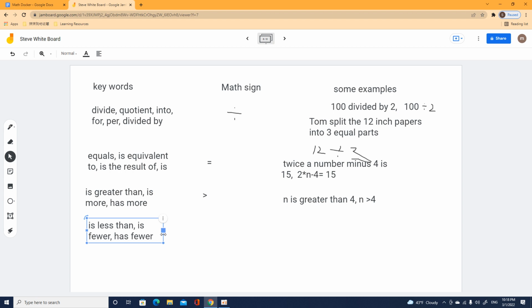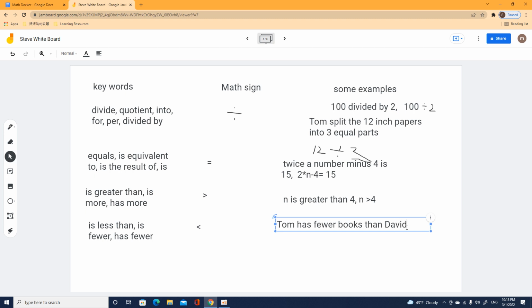When you see those kind of keywords, you should think about the smaller sign. For example, Tom has fewer books than Davy.